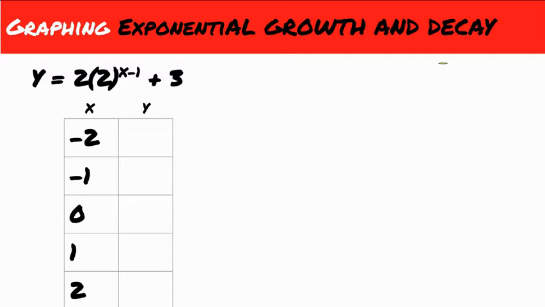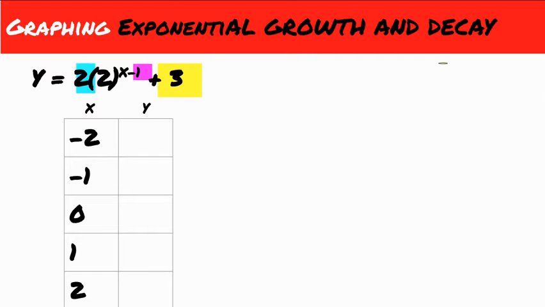So the first thing we do is we realize that just like with our other functions and transformations, that 2 out front, the minus 1 with the x, and the plus 3 all transform our graph the same way they did when we did absolute value and parabolas or quadratic functions.